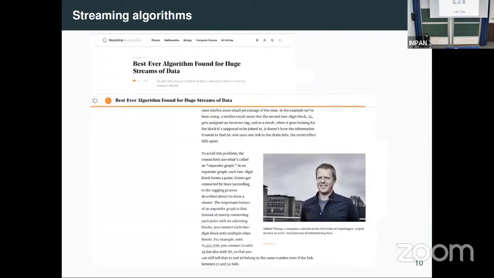One application of expanders is that the fastest, or optimal, algorithms for doing this, these streaming algorithms, are actually designed using expanders. This is an article about this from Quanta magazine. The idea is, roughly speaking, that you chop up the words that appear into smaller pieces and then use expanders to reconnect them.